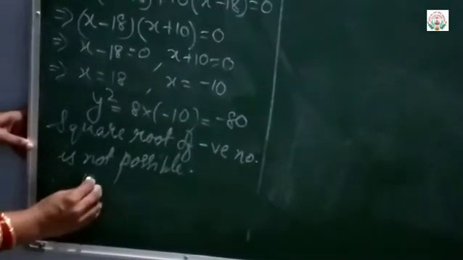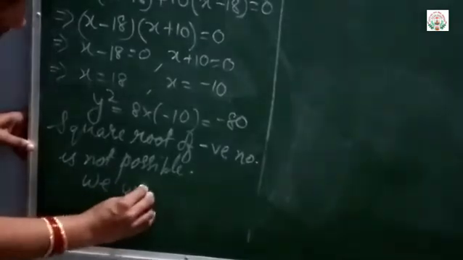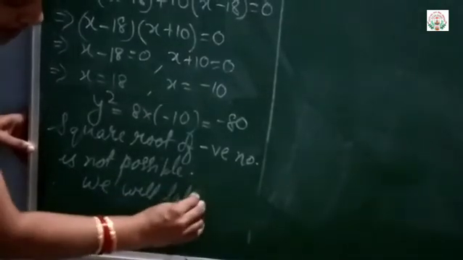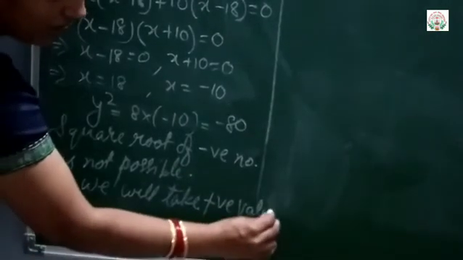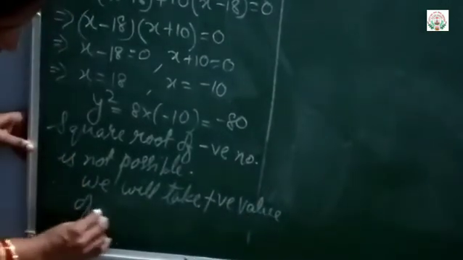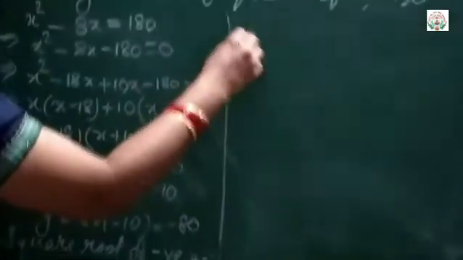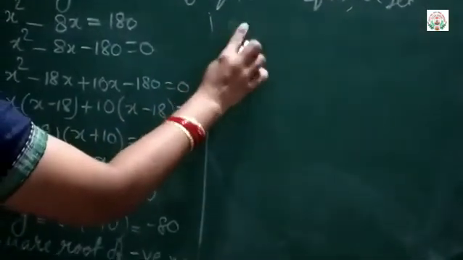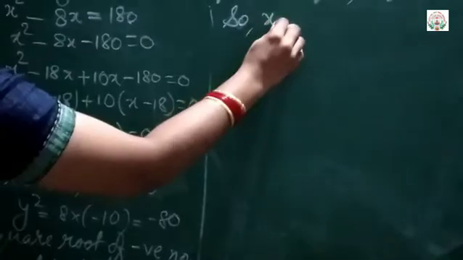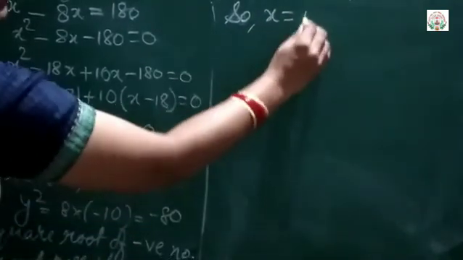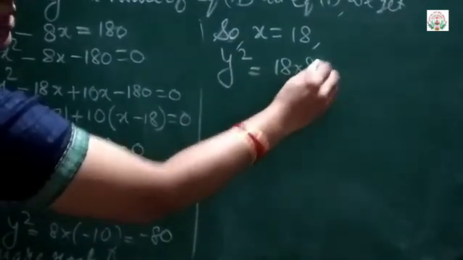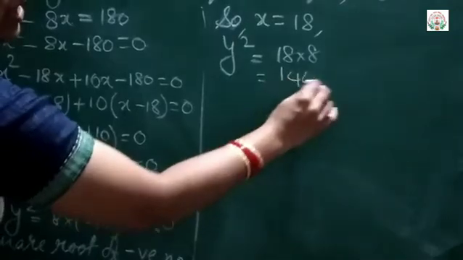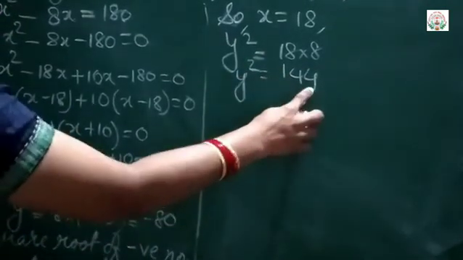Therefore we will take positive value of x. So when x equals 18, then y will be how much? y square equals 18 into 8, which equals 144. That means y square equals 144.